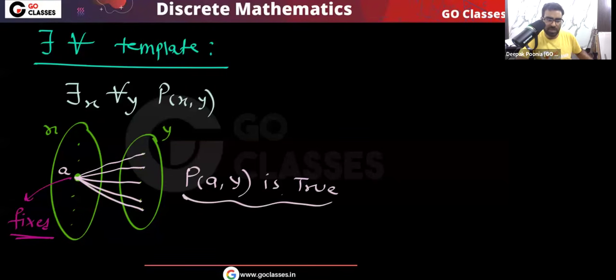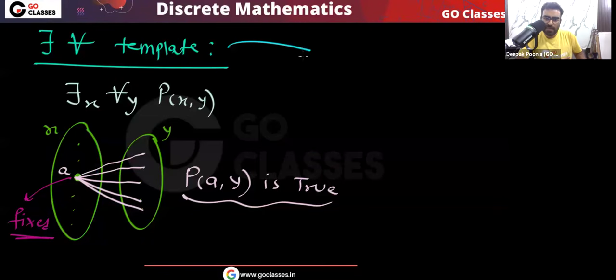Very simple point: there should be at least one person in the domain of x. There can be multiple, for example this b also can have. But the point is that in the domain of x there should be at least one fixed person, such that with that person you take any element from the domain of y, then this Pxy should be true.